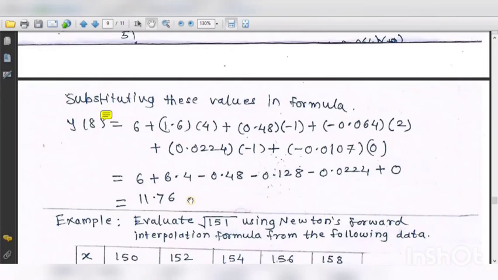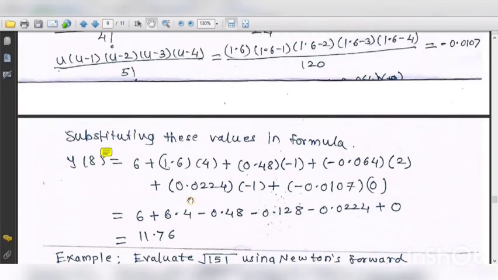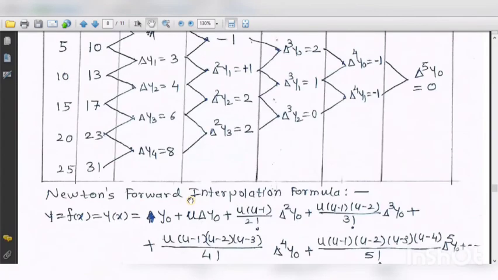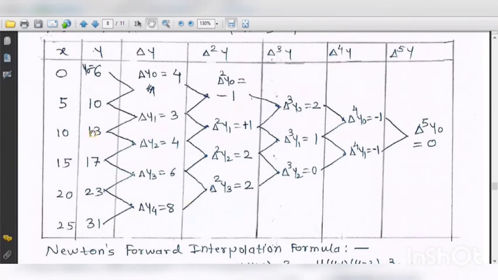So here this value is 11.76. You can also check whether our answer is correct or not. What do we want to find? We want to find the value at x equal to 8, that is, it lies between 5 and 10. The corresponding value of y at x equal to 5 is 10, and at x equal to 10 is 13, and what value are we getting?